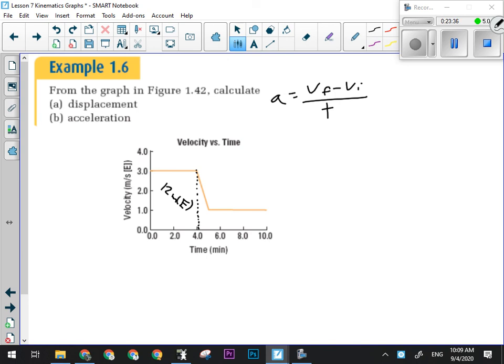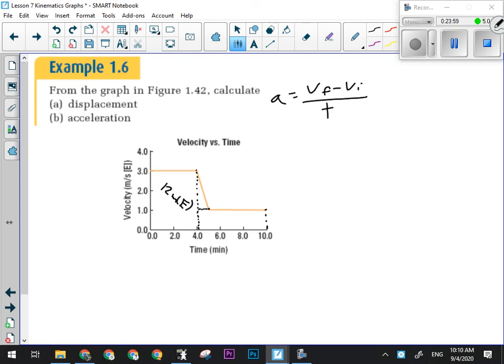Then I've got this part of the graph where the object is accelerating, so that's a separate triangle that I would need to use the average velocity of. I could just get the area of this triangle to get my last bit. The height of this triangle is 2, it goes from 3 to 1.